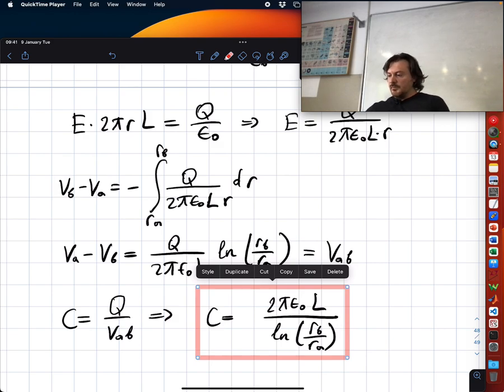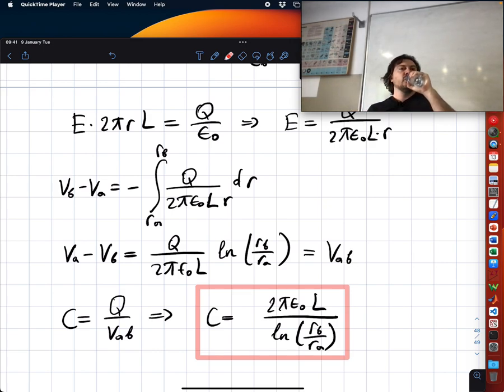Any questions? So we derived the capacitance by calculating the potential difference, right? But let's say this capacitor is connected to a circuit with a battery that provides a constant potential.